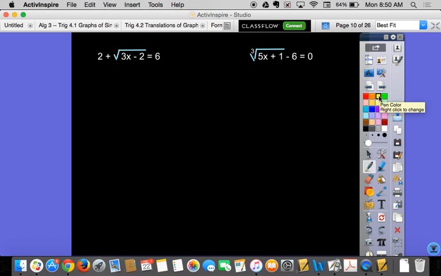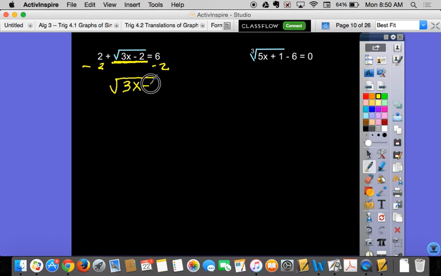All right, so just some more examples. If you happen to have something over here with your root, before you can square both sides, you have to isolate the radical. So this 2 needs to move, because you're trying to isolate this portion, which means get it by itself.